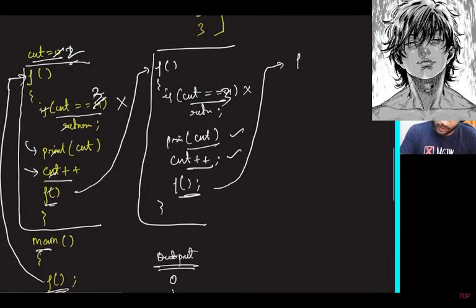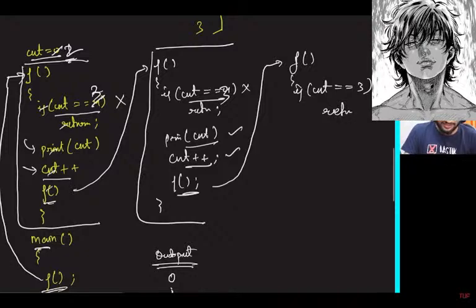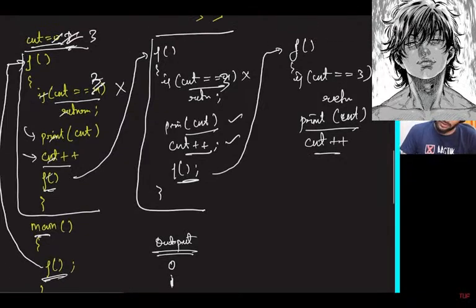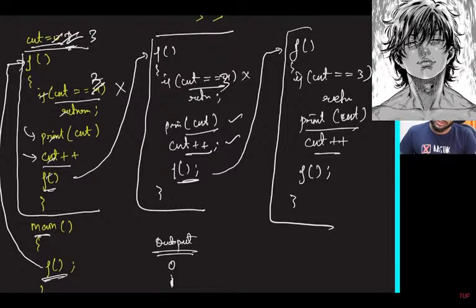So you again go and say if counter is equal to 3. Is it? Counter is 2. So it's not. So this line is still not executed. You will print counter. Then you will do a counter plus plus. So print counter will be executed. Counter plus plus makes it 3. And then again you will call the function. Okay. Now this guy will again go into the stack space.